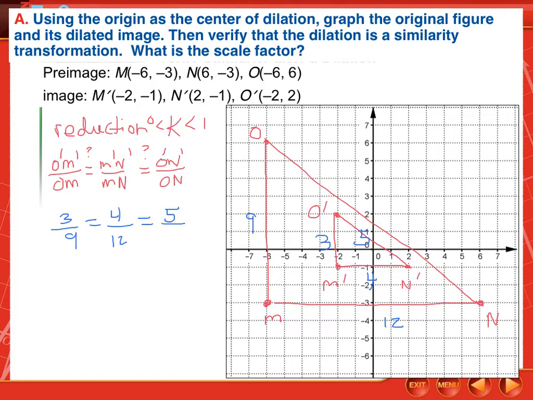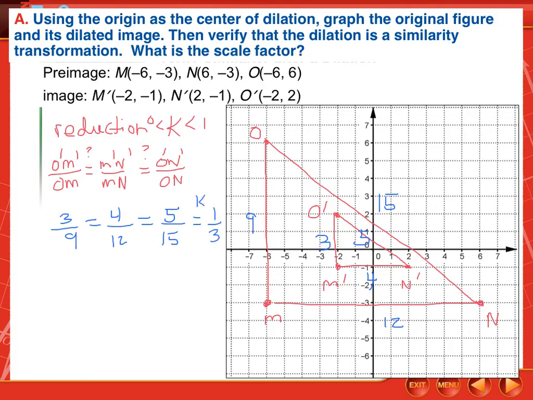And any time that you have a multiple of the 3, 4, 5, you know that you have a Pythagorean triple. So you could go through the Pythagorean theorem here with sides 9 and 12, and you will find that this ON will be 15. And indeed, in every case the scale factor, if we simplify it, is 1/3.